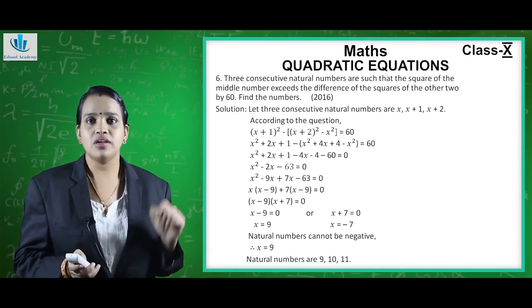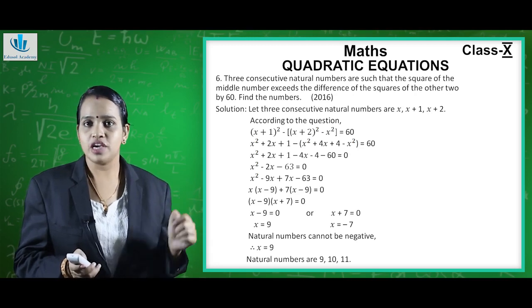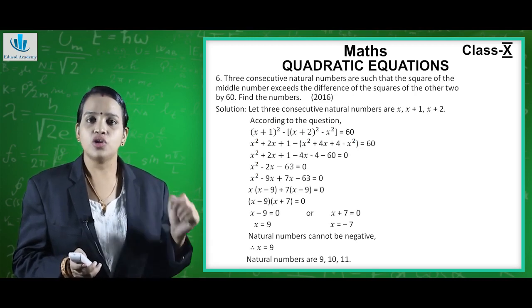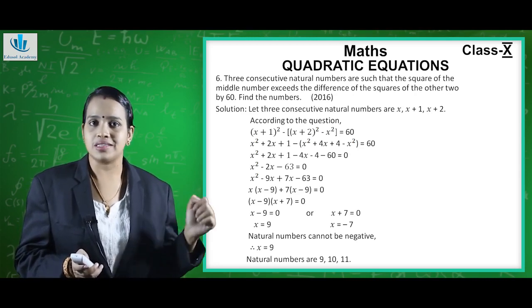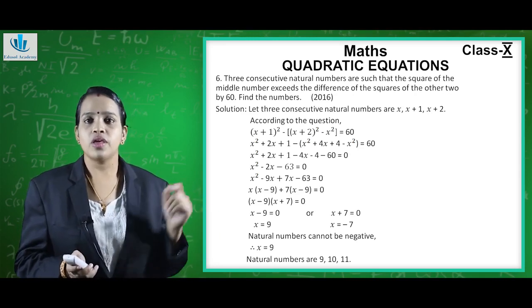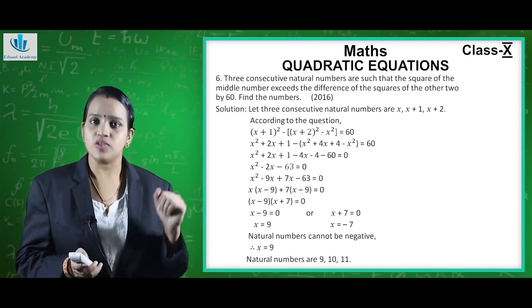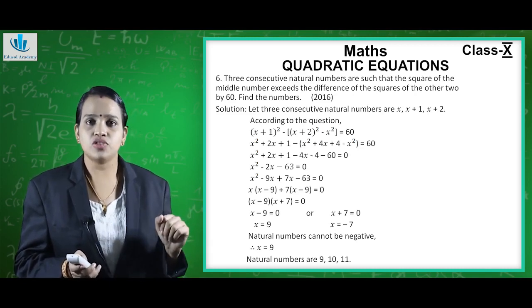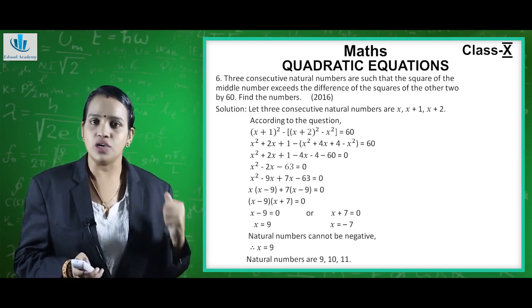Now we will arrange it. x square minus x square plus x square gives x square, plus 2x plus 1 minus 4x minus 4 minus 60 is equal to 0. Now 2x minus 4x gives minus 2x, plus 1 minus 4 minus 60 gives minus 63, which is equal to 0.